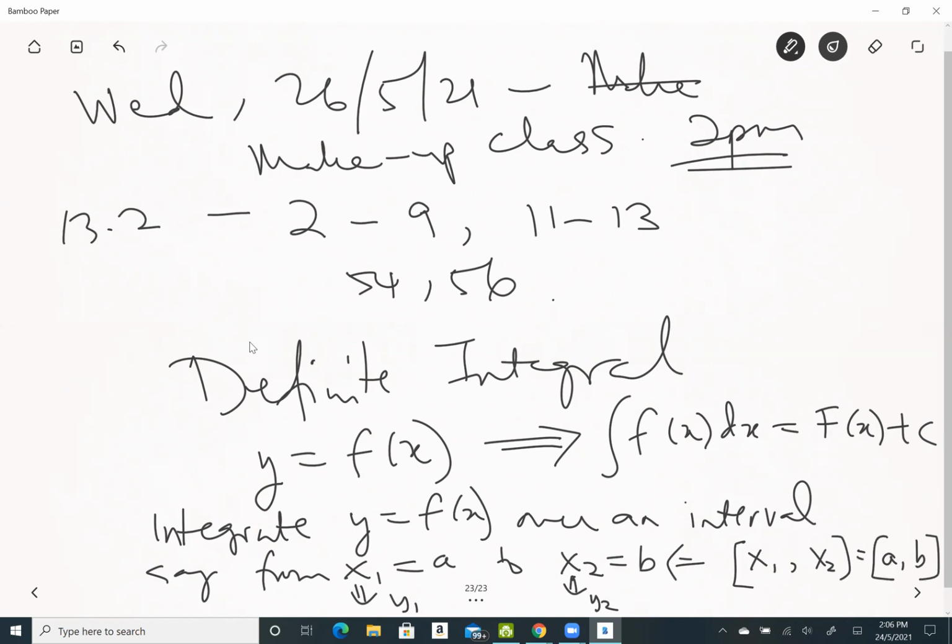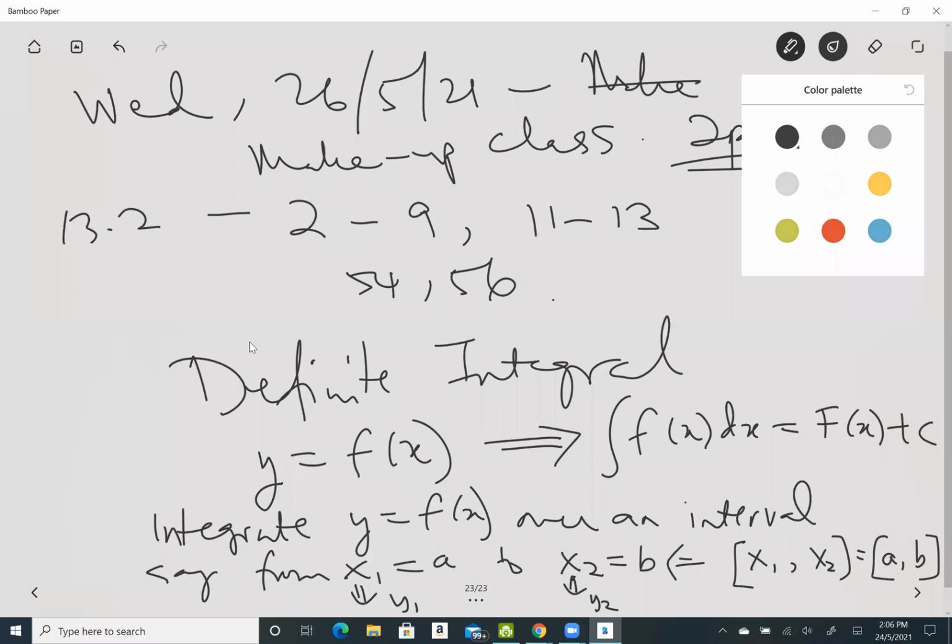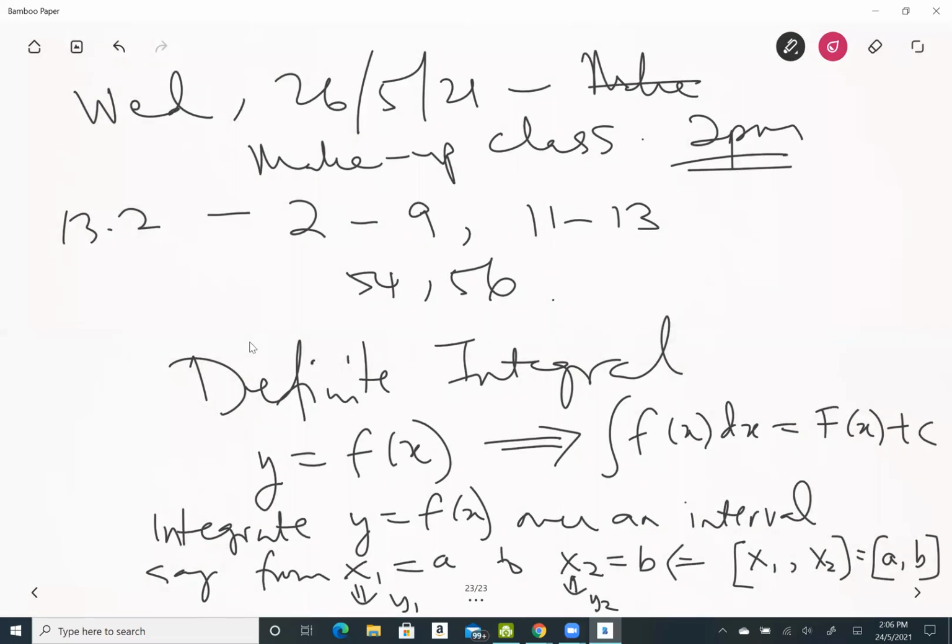Now that interval is a closed interval. When you do the definite integration, we do it over a closed interval. The square bracket notation is a closed interval, while a normal bracket like this is an open interval.